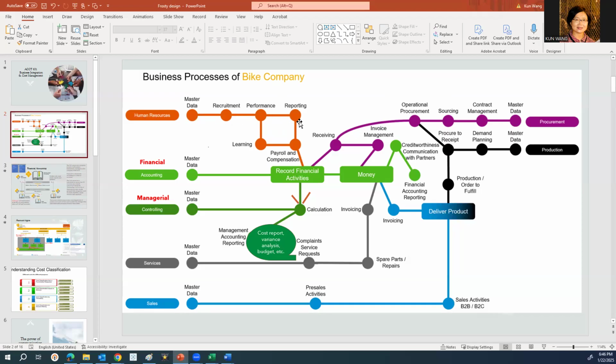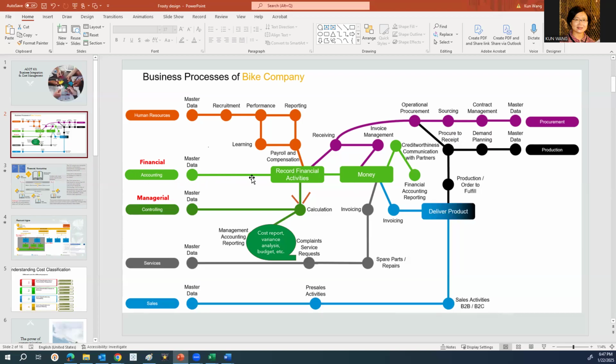The purple represents procurement, or you can say supply chain management. The black one is the production or manufacturing process. Then the gray one, because the company also offers services to the customers related to the bike sales and some accessories. And then we can see the accounting functions.